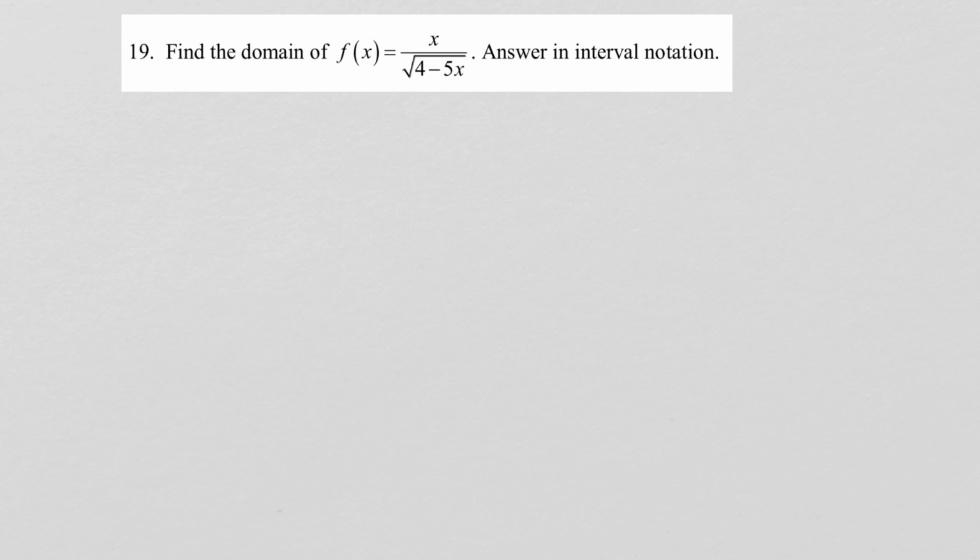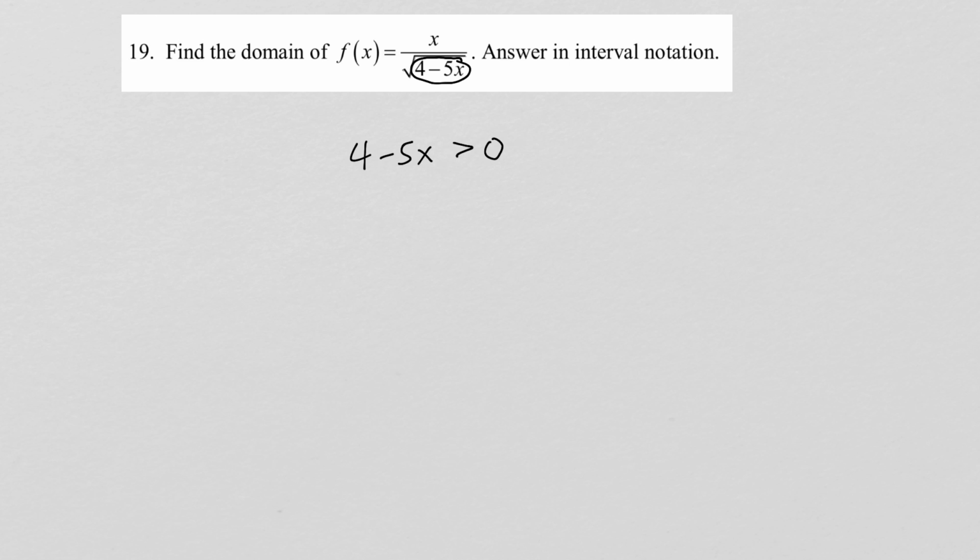Next, let's find the domain of this function. The important thing to remember is that when you have something inside of a radical, it cannot be negative when you're talking about functions. And also when you have something in the bottom of a fraction, it cannot be 0. So 4 minus 5x, the thing inside the radical here, must be strictly greater than 0.